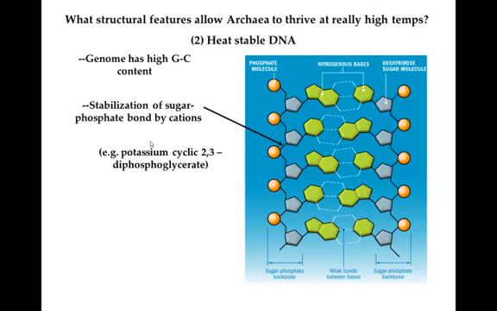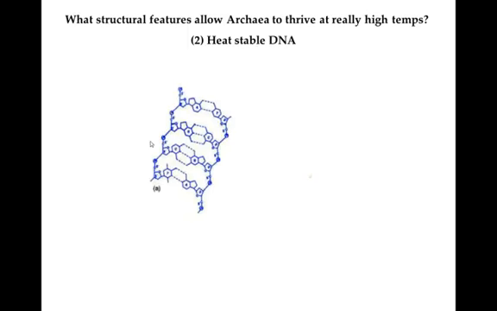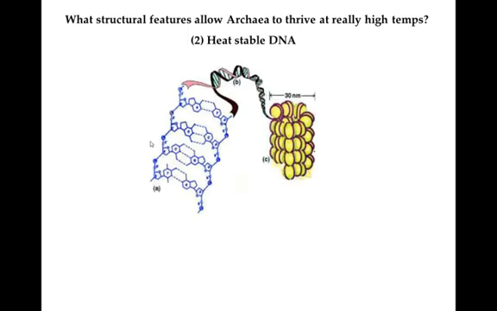So we have a genome that's high in GC, and we have a sugar phosphate backbone that's stabilized and neutralized by positively charged cations. Now the third thing that makes the DNA particularly heat stable is the way that it's coiled.